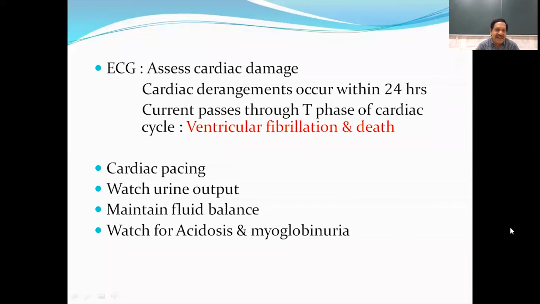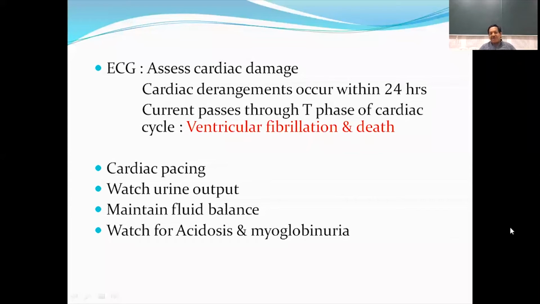The fundamental thing is there is acidosis and myoglobinuria. Myoglobin is released because of damage to the muscles.